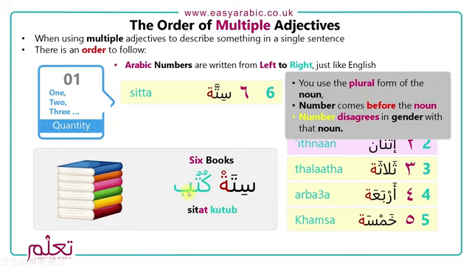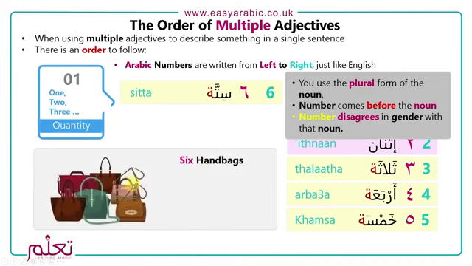If we say 6 handbags, handbag is haqiba and the plural is haqaib. And so when we say 6 handbags, we'll say ست حقائب.